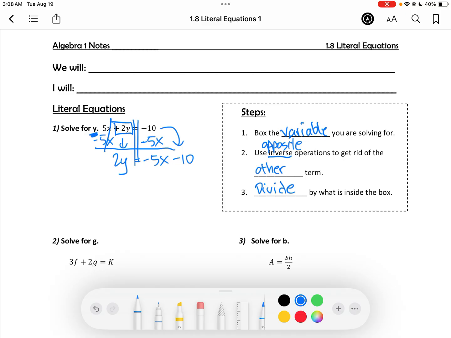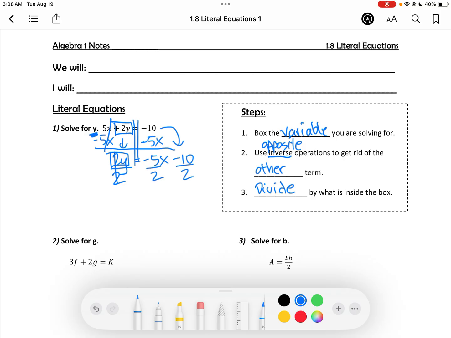Then you're going to divide everything by what's inside the box. Inside the box is 2, so I'm going to divide by 2. I'm going to do the same thing here and the same thing on this term as well.